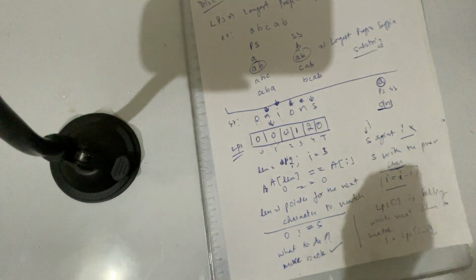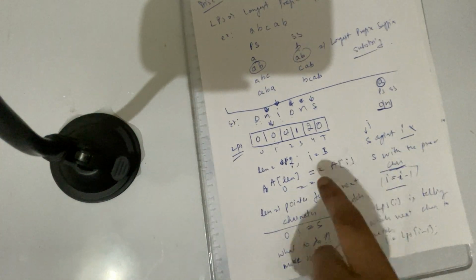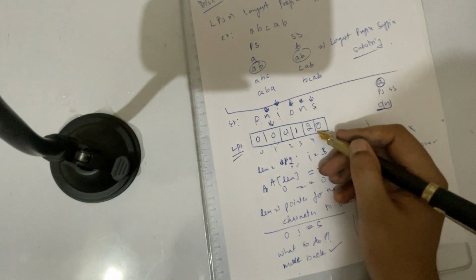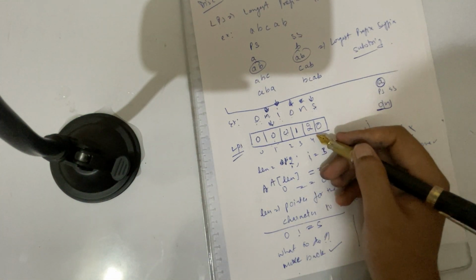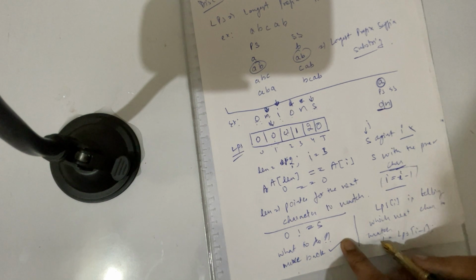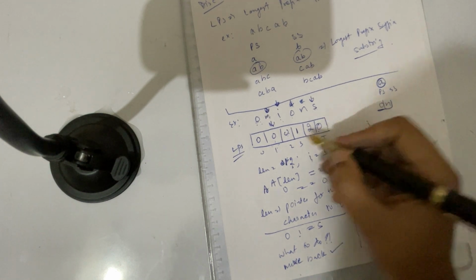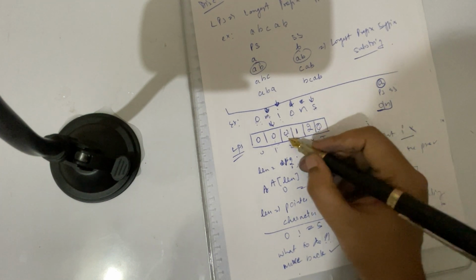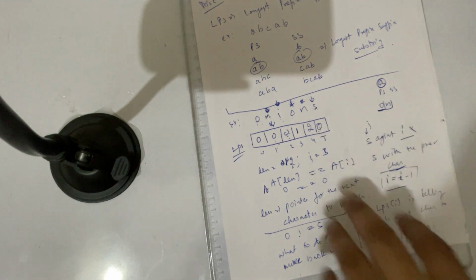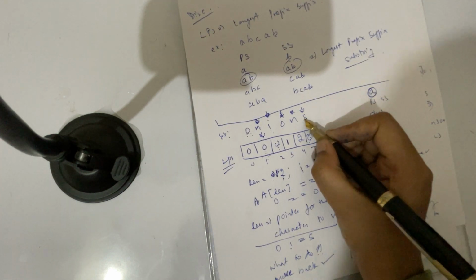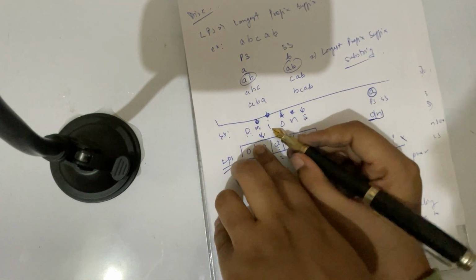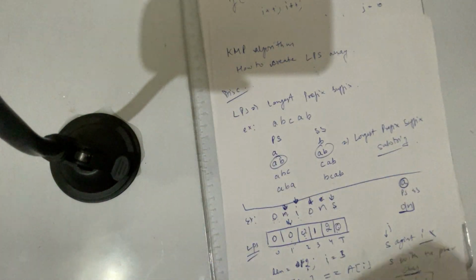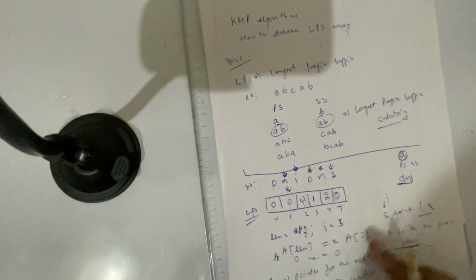So here you can imagine that in case of failure, that is the trickiest condition. In case of failure, if things are not matching, for example, IS was not matching, I can utilize my LPS. I'll move back.